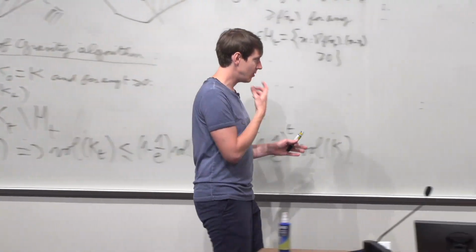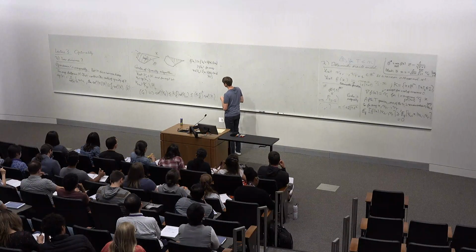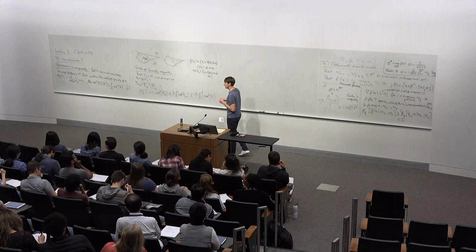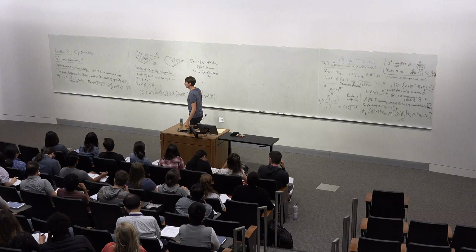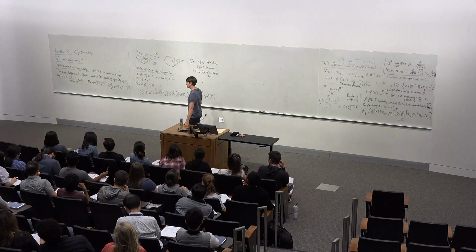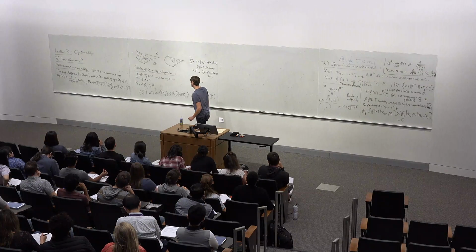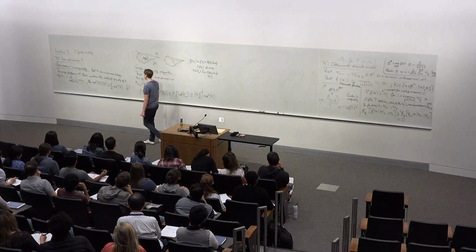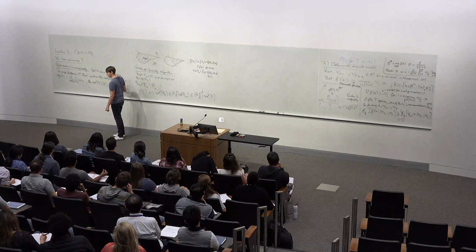Yes, H is a half space, so it's not any set. It's any set that bisects the space. It's kind of the strongest statement you can imagine, because another way to put it is that the volume is smaller than 1 minus 1 over e.